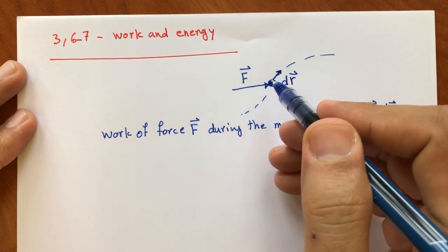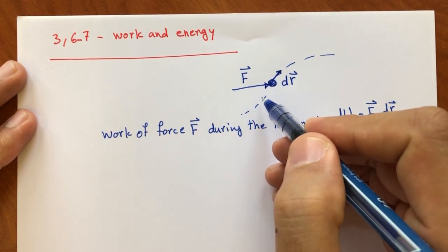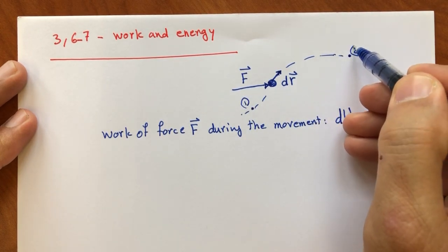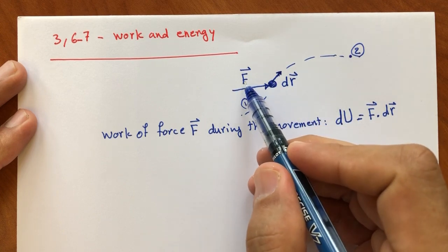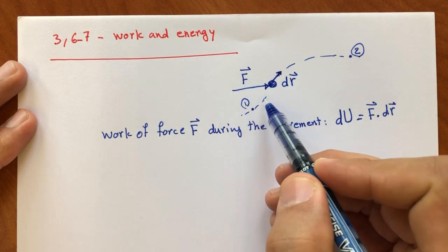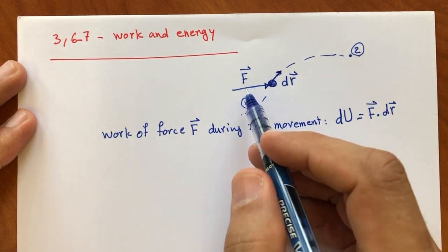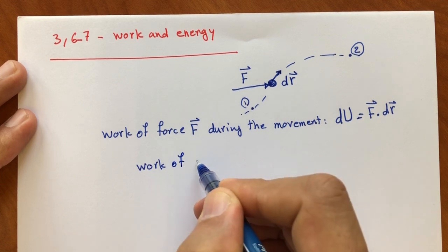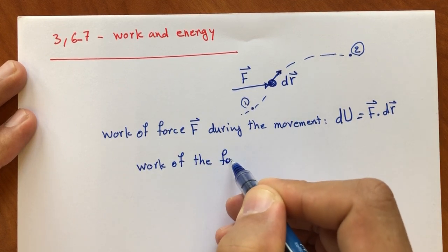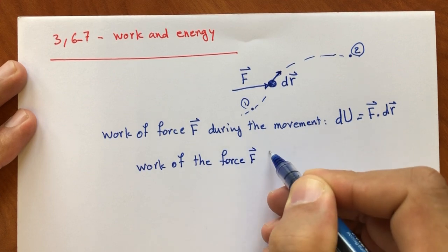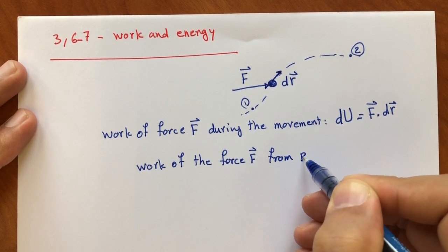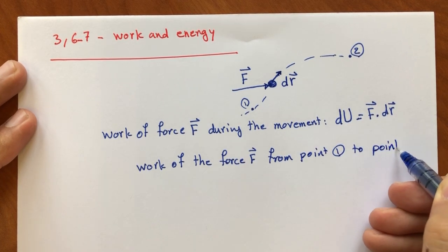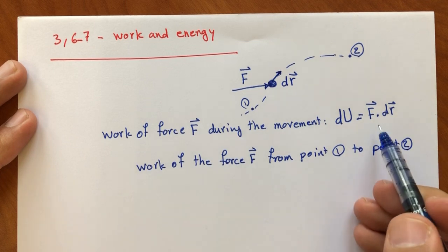And if the force moves from one point like 1 to another point like 2, and during this movement the magnitude and also the direction of the force can change, then the work of the force from point 1 to point 2 will be the integral of this equation.